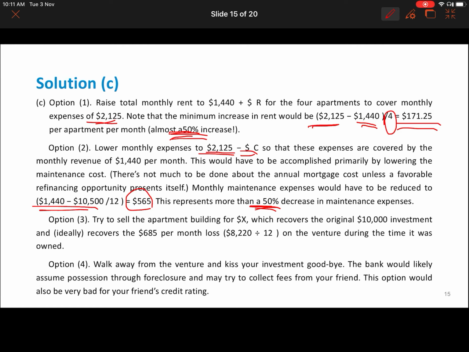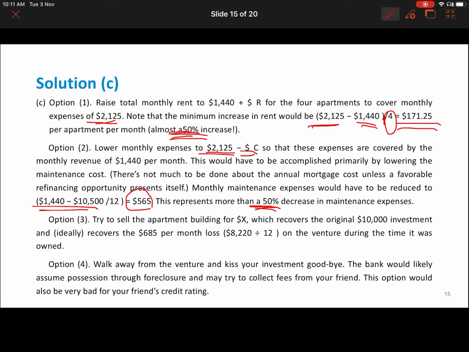So the loss is $8,220 per 12 months. So we still have the same problem. She will lose $685 per month. So this is option 3.